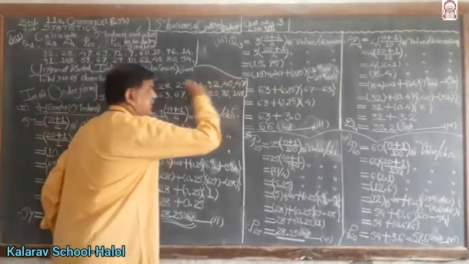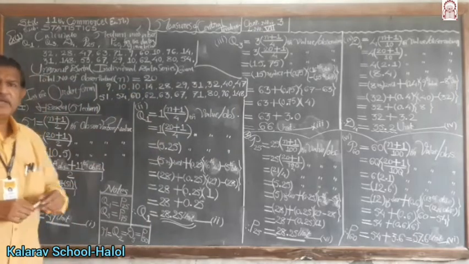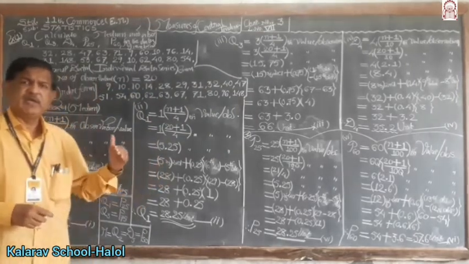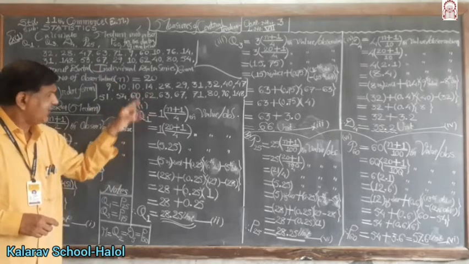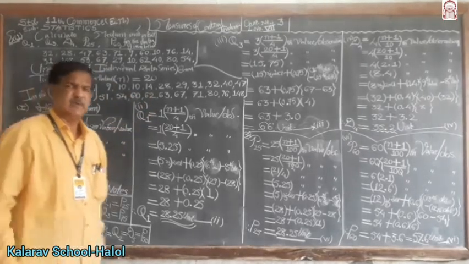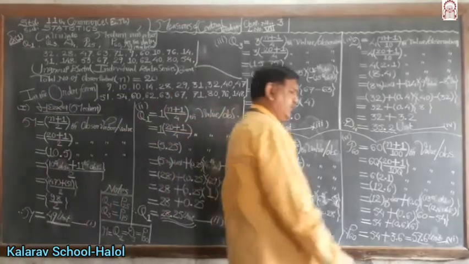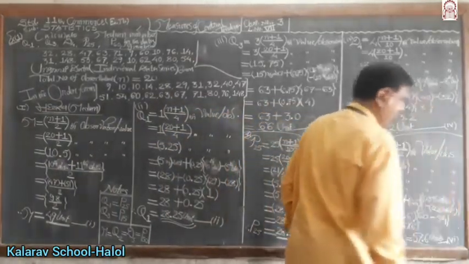For calculating median or for calculating quartiles, deciles and percentiles, we must arrange the data and then calculate the required measure. Arrangement of the data in the ascending form.